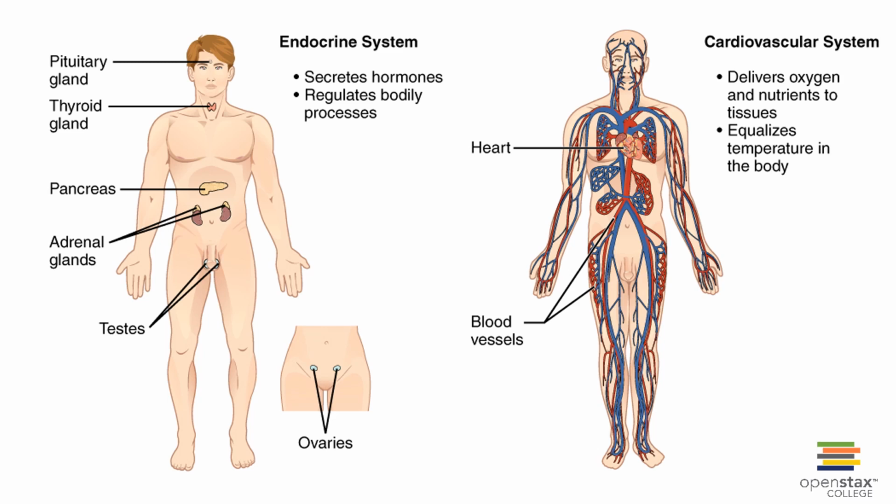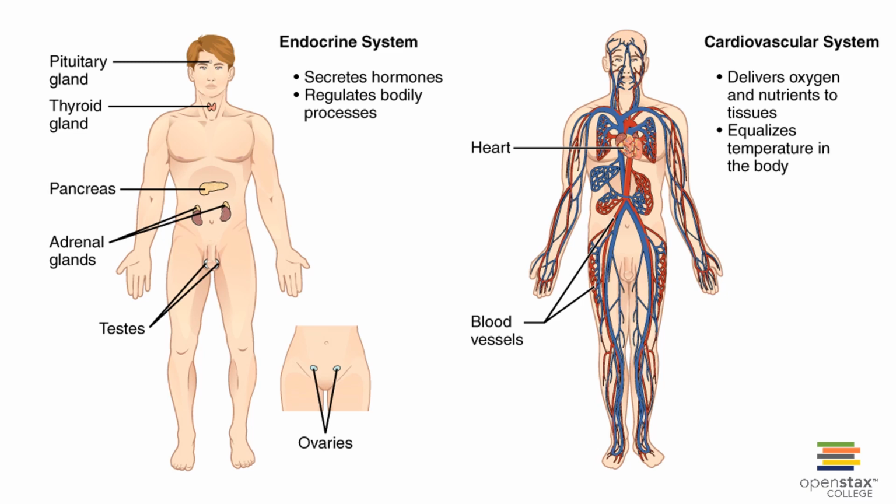The endocrine system is composed of hormone-secreting glands like your thyroid gland, pituitary, adrenal, pancreas, pineal, and others. The endocrine system functions to secrete hormones that direct long-term changes in the activities of other organ systems.